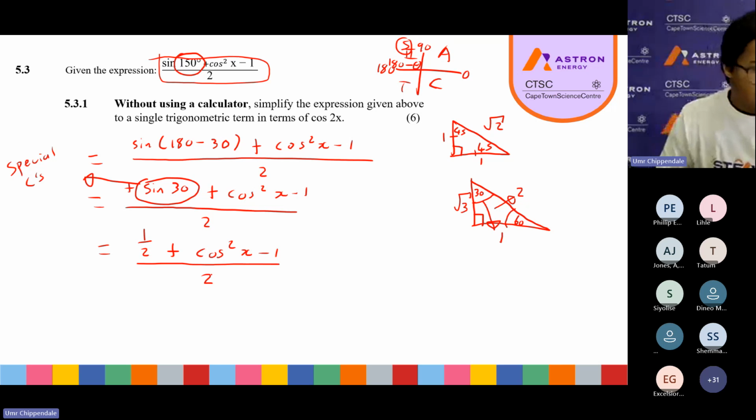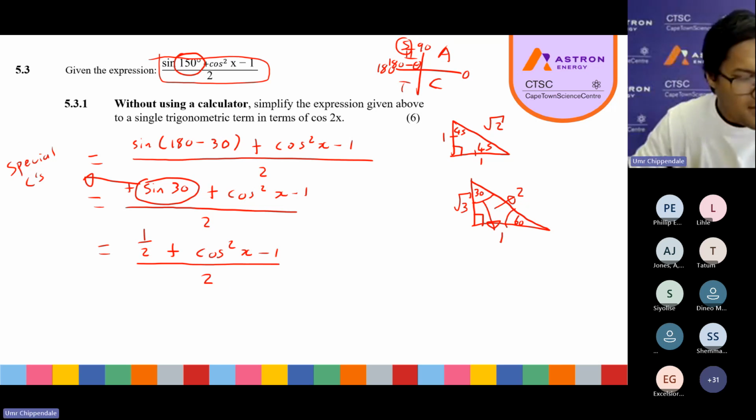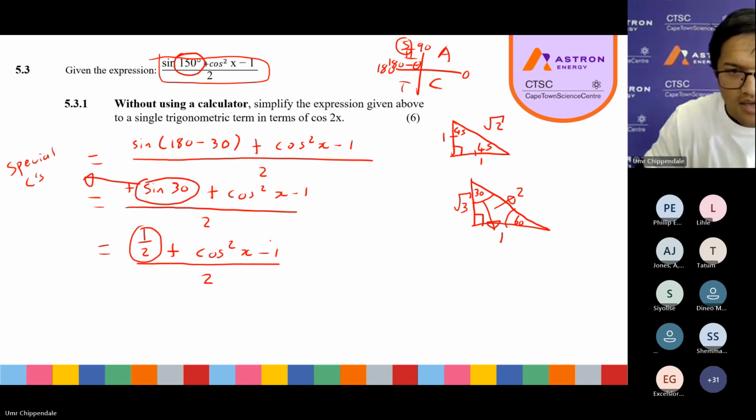Okay, now that we have it like this, these are similar terms. This and this can be put together right now. So now we say negative 1 plus a half is going to be negative a half. So that's going to be equal to cos squared x minus a half, all divided by 2.